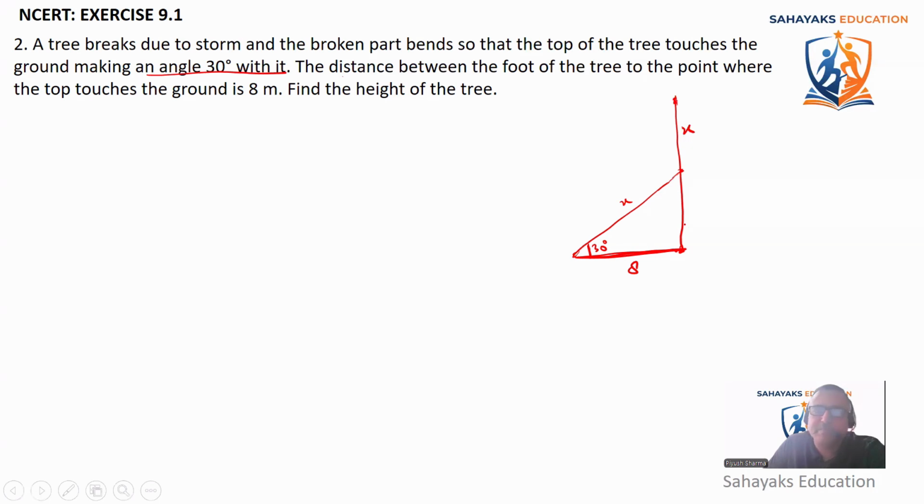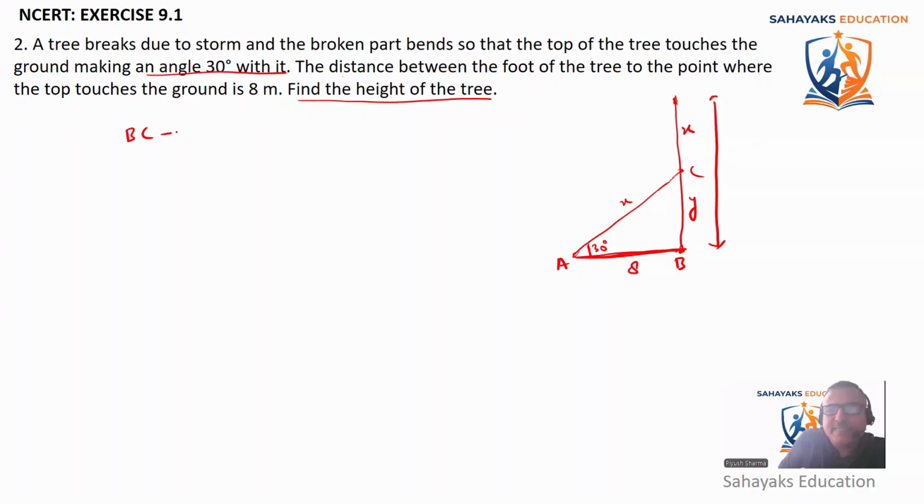And they want to find the original height of the tree, so the complete distance. If this is y, they want to find x plus y. So if I name it ABC, we need to find BC plus AC. This is what you have to find because that was the original height of the tree.